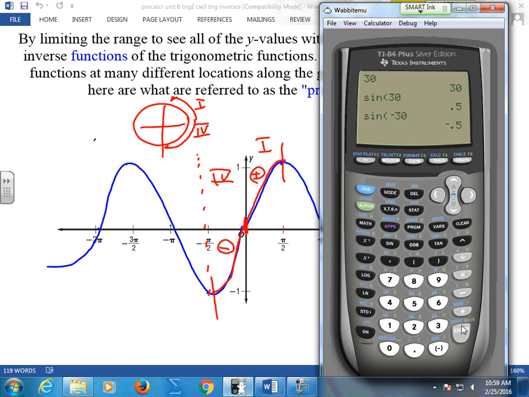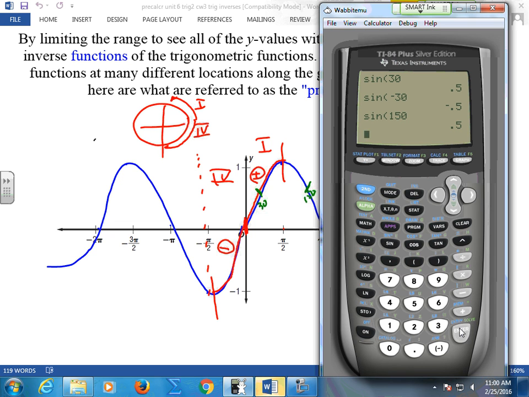Okay. What is the sine of 150? Because isn't that this guy over here? Right? Now, watch what happens if I do inverse sine of 1/2. Don't I have two angles? This angle and this angle. Isn't 30 and 150 both 1/2?